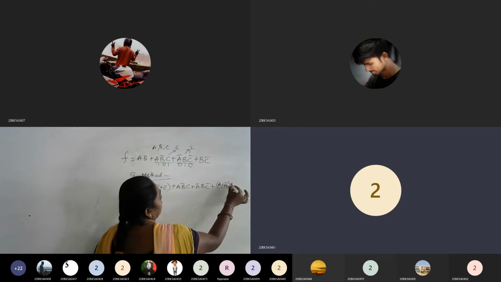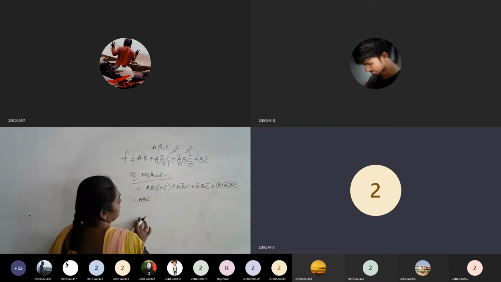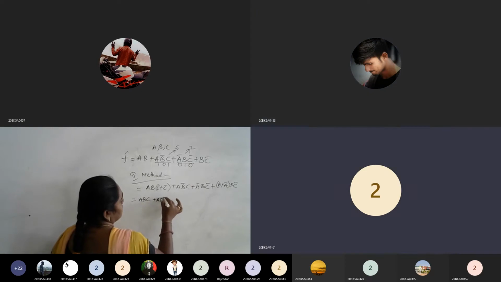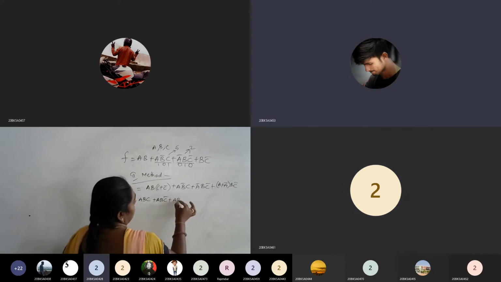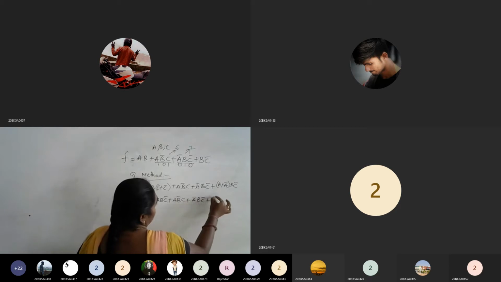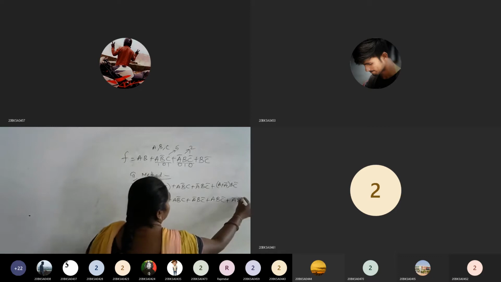Plus A plus A bar times B C bar. Expand this: A B C plus A B C bar, plus A B bar C, plus A bar B C bar, plus A B C bar, plus A bar B C bar.